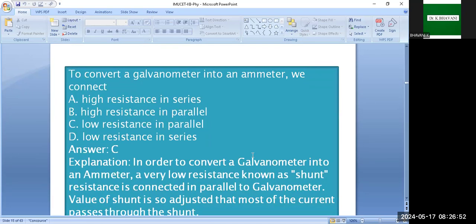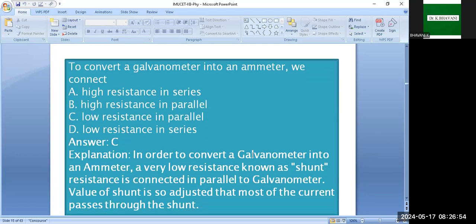Now, the next question is how to convert a galvanometer into an ammeter. Here, guys, we know very well we have to connect a resistance in series or parallel. The answer is a low resistance in parallel.